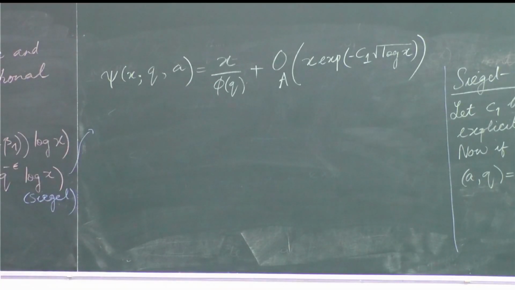And this is x, q, a. So if you want a universal bound, then you lose in terms of the effectiveness of the constants.